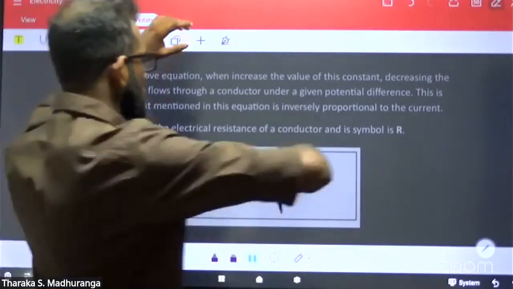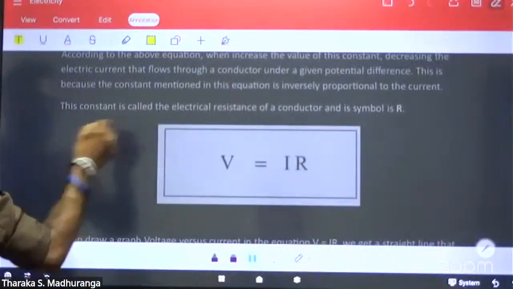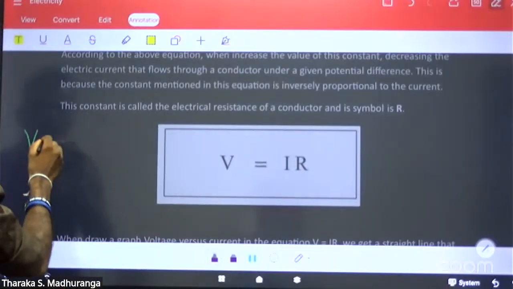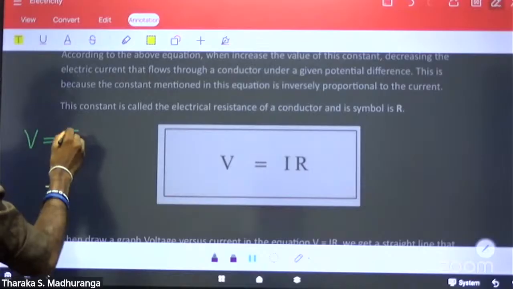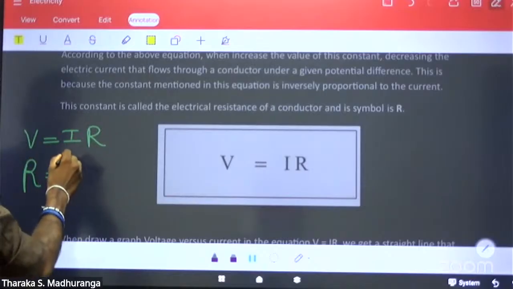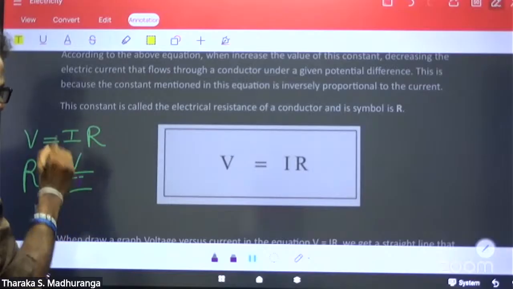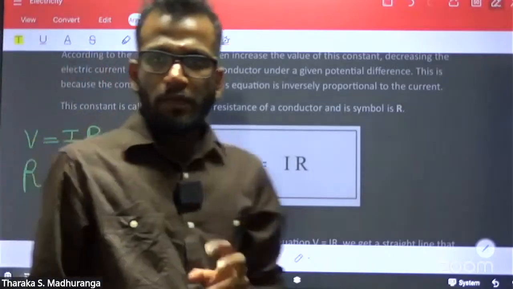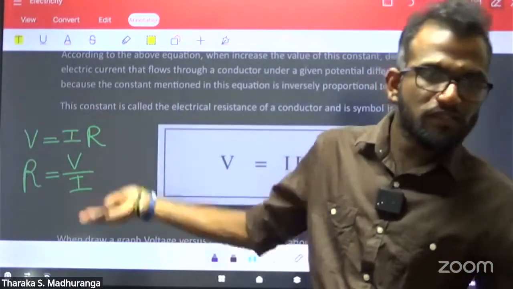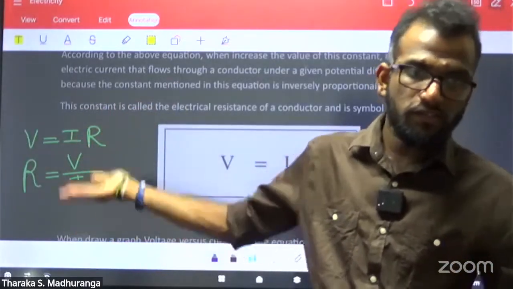If the equation is V equals IR and I isolate R, R equals V over I. When this constant increases, that means R increases, resistance increases.